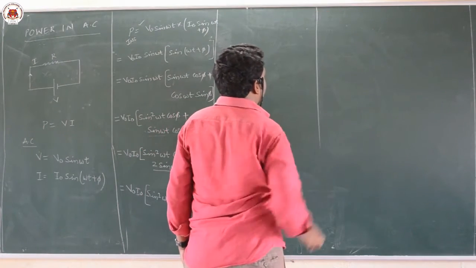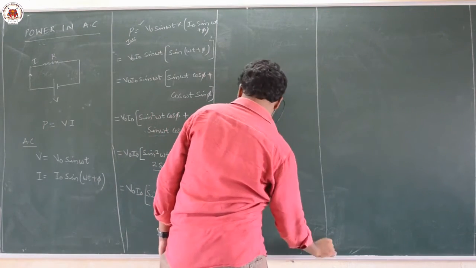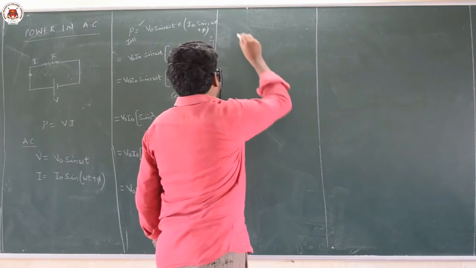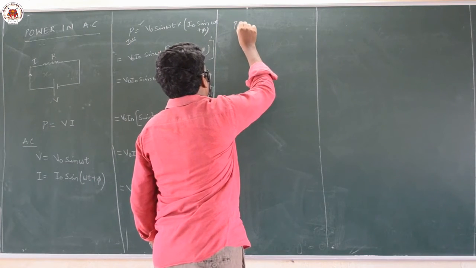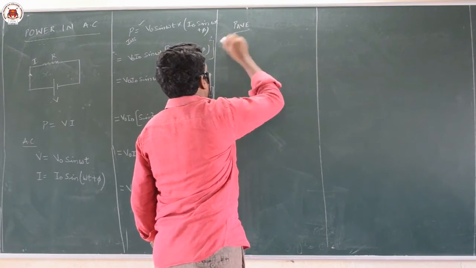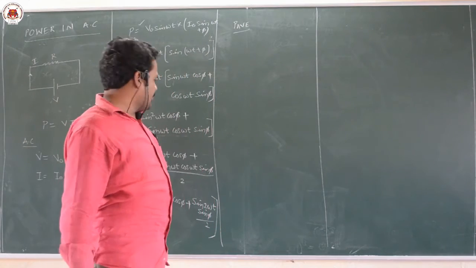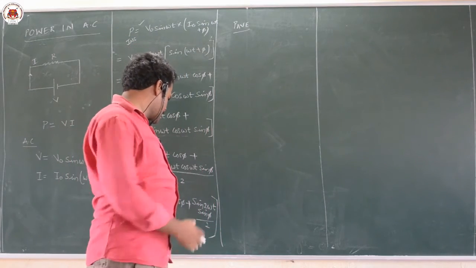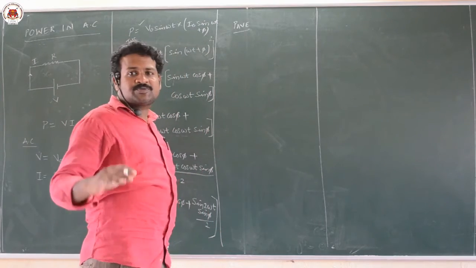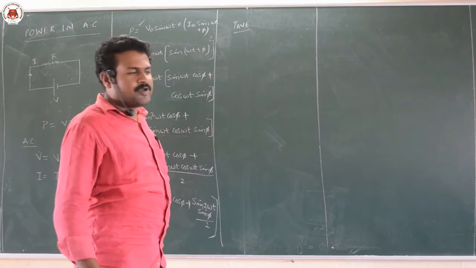Next, let us calculate the average power. Average power: you take the average value of this equation. Instantaneous power you convert into average power by taking the average values.